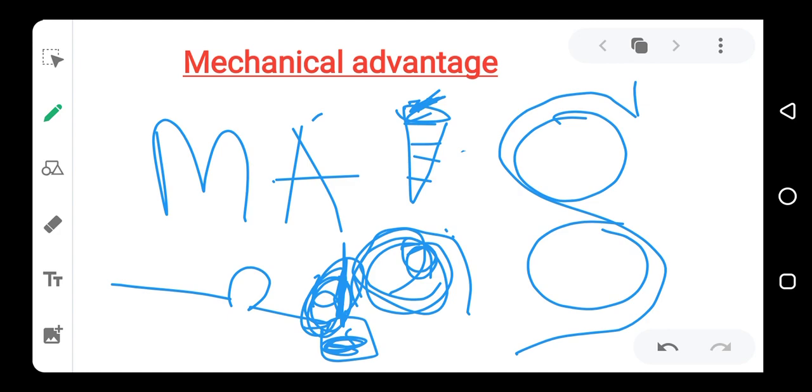Using the screwdriver and just small effort, you'll be able to move the screw inside the object. But if you want to use your hand to pierce the screw inside the object, it will be very difficult, because the screw has been carved in such a way that it aids its movement through the object. So that is it about pulley, wheel and axle, and the screw as simple machines.